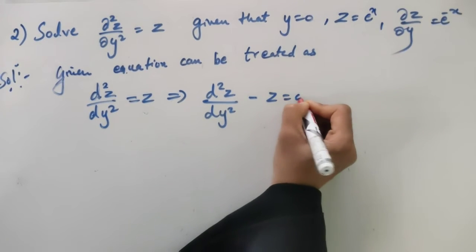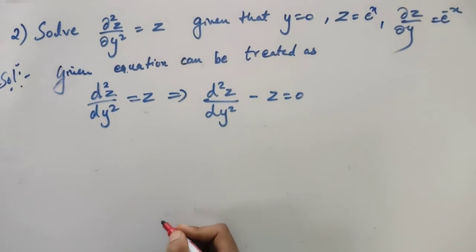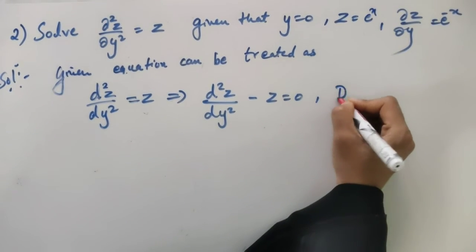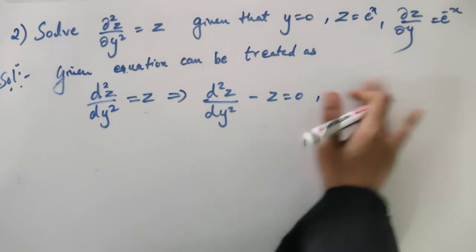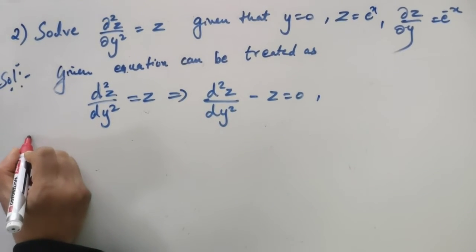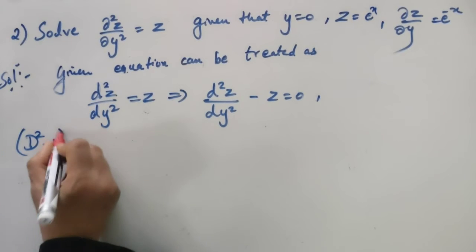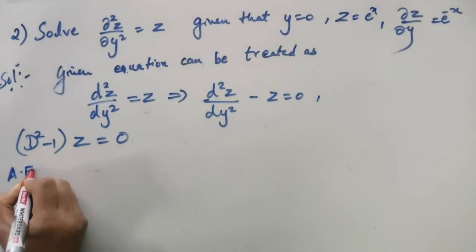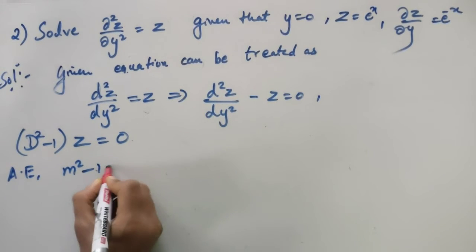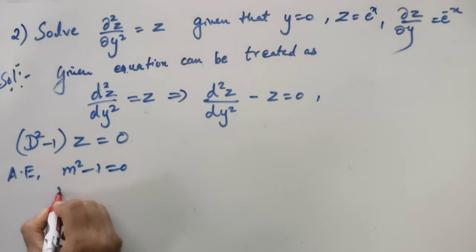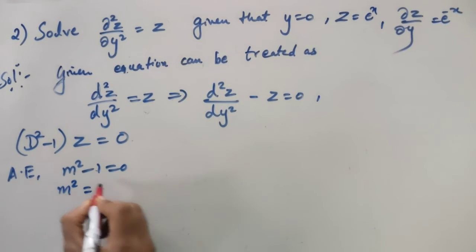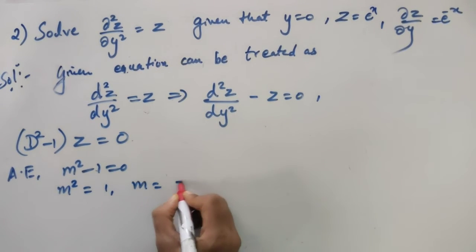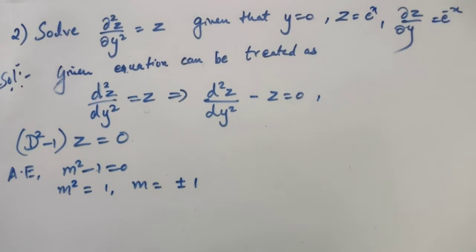Further, I can write it as (D² minus 1) z is equal to 0. The auxiliary equation is m² minus 1 is equal to 0, or m² is equal to 1, or m is equal to plus or minus 1. So the roots are real and distinct.